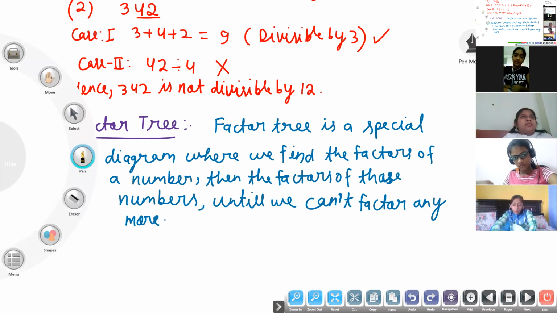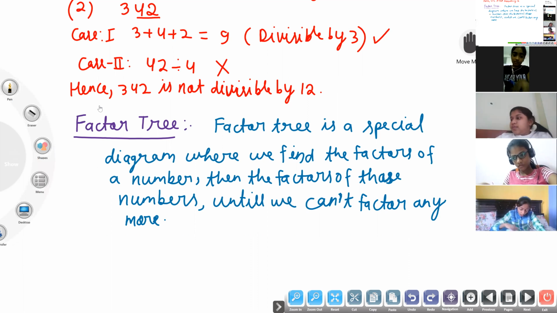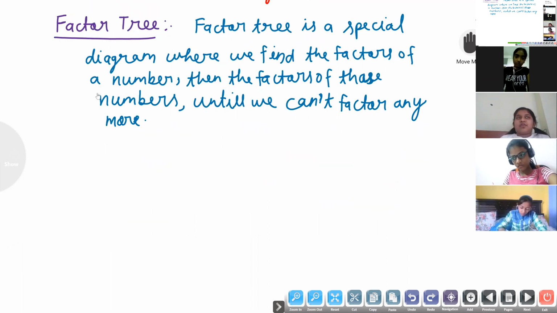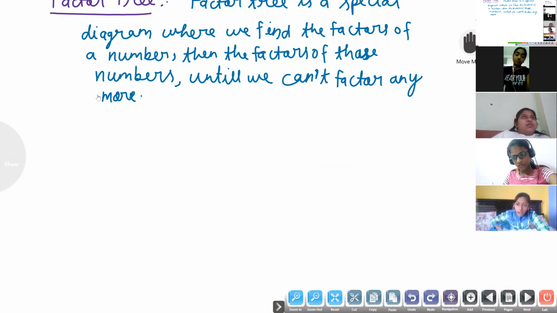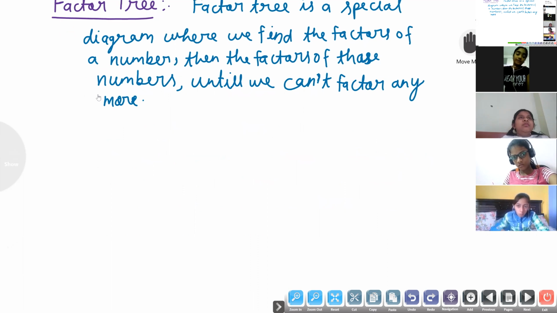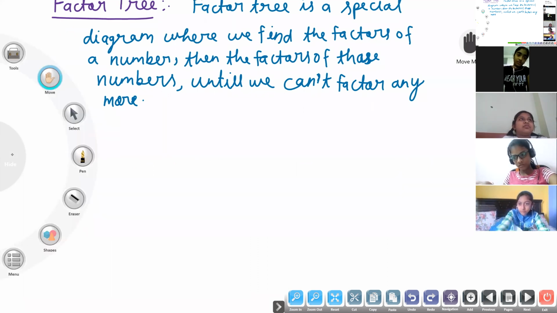Factor tree is a special diagram where we find the factors of a number, then the factors of those numbers, until we cannot factor anymore.